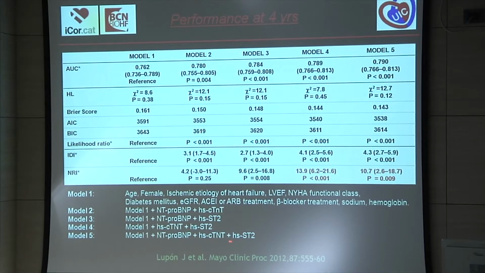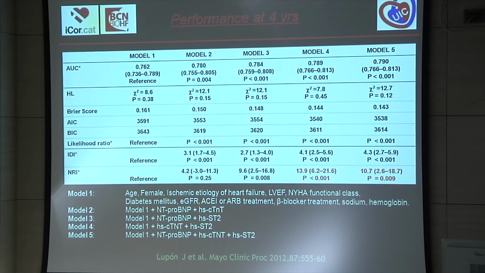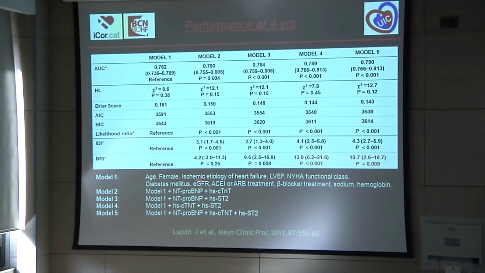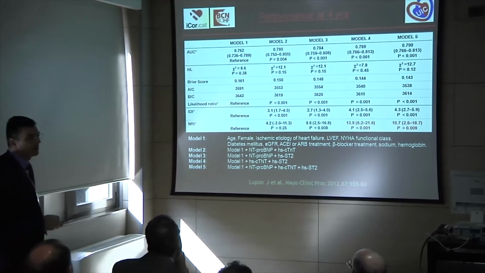NT-proBNP, troponin T and ST2. So we were thinking that the three biomarkers would always be better. And to our surprise, when we put the three biomarkers, it's worse. So the take-home message from this table is that ST2 and troponin T appear to do better to risk stratify these patients on top of all these variables than the combination of the three biomarkers.